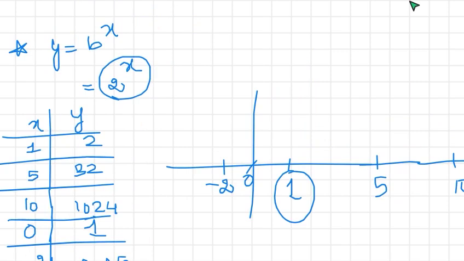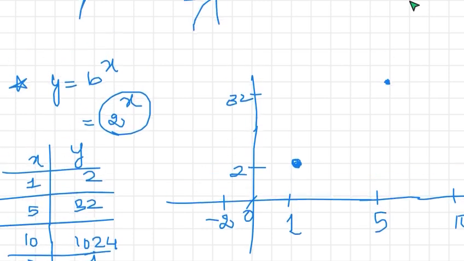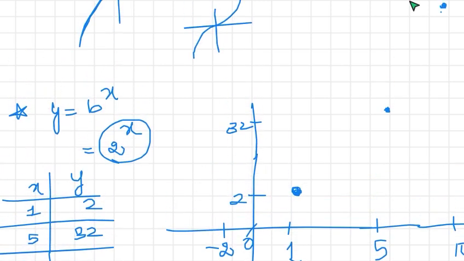So for 1, the value was 2. So this is the point. For 5, 32, very far away. For 10, 1024, very far somewhere away. So this is the point.